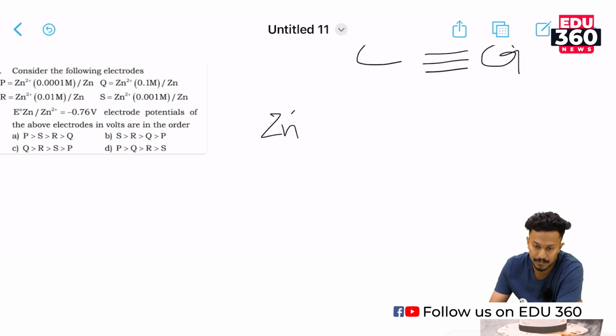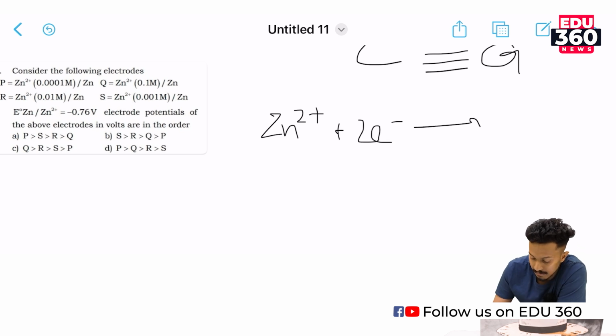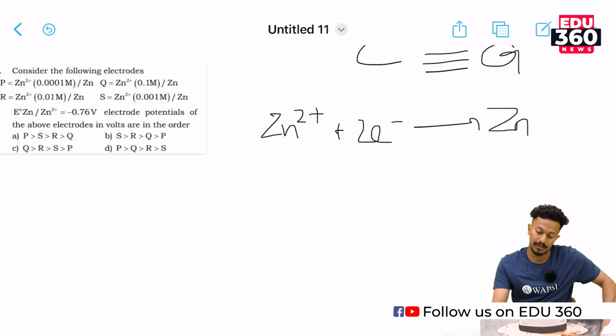Zn2+ in an aqueous solution plus 2 electrons gives Zn.